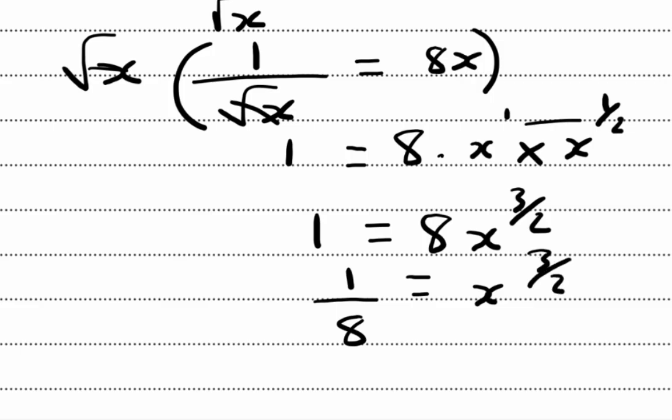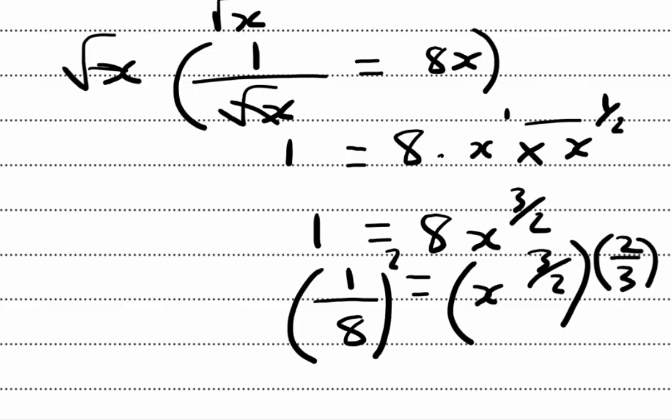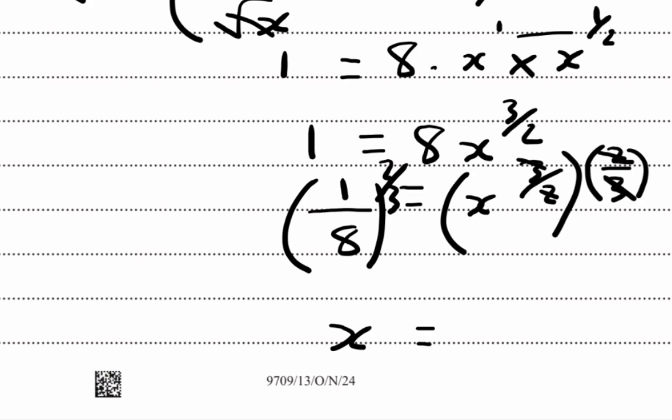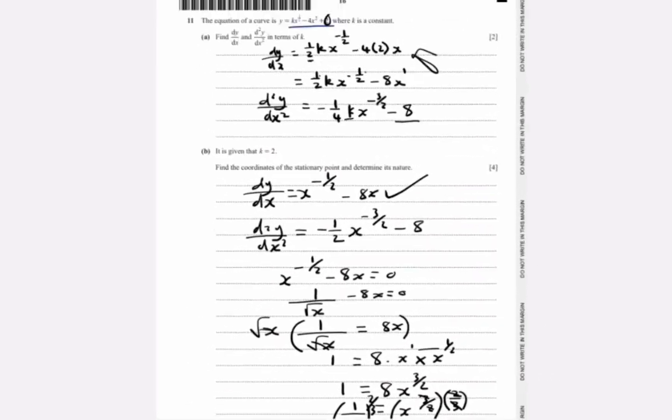And to clear out this power, we raise to the power the reciprocal, which is 2/3, like that, because we know this will cancel out to give us 1. So x is 1 over 8 to the power 2/3, which is 1 over 4. So this is our x coordinate.